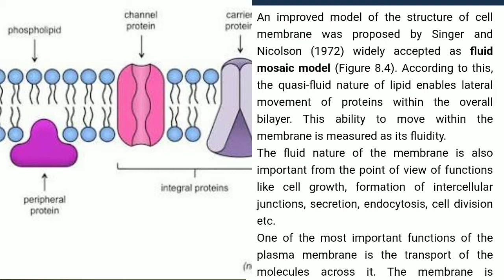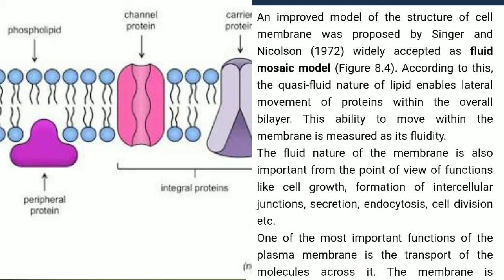Because of the acceptance of this fluid mosaic model, we can say that the semi-permeable nature that the cell membrane shows is relatable, and the fluid content of the cell membrane gives elasticity to the cell membrane.